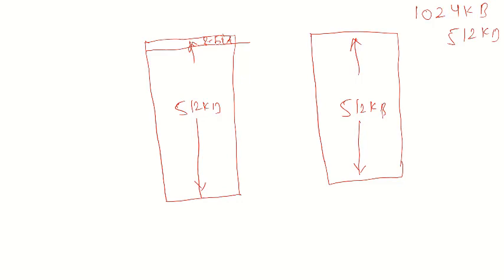So this is called even bank. Okay. So let this be the even memory bank, and this is called odd memory bank. So how can we say this is even and odd?